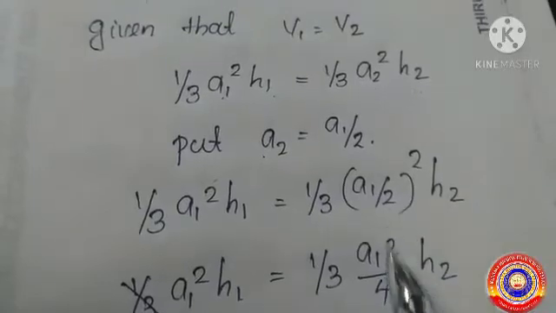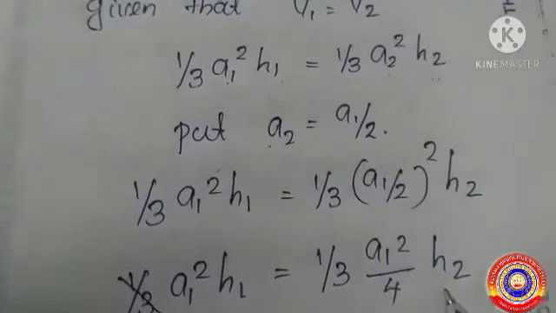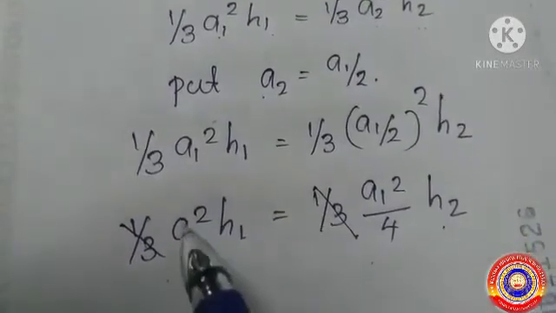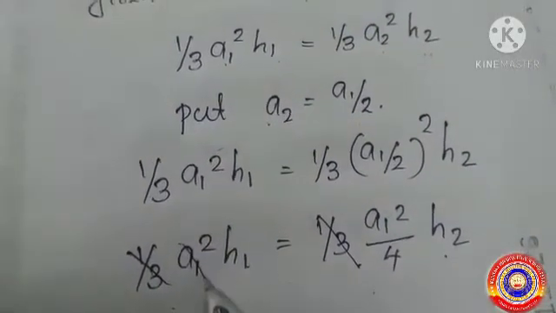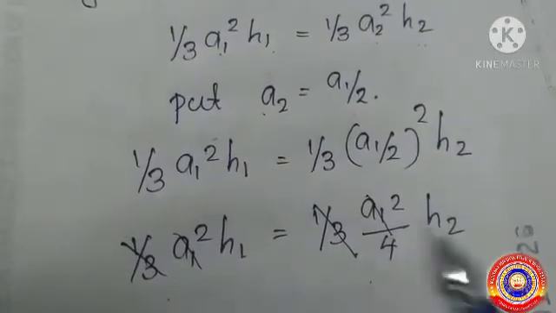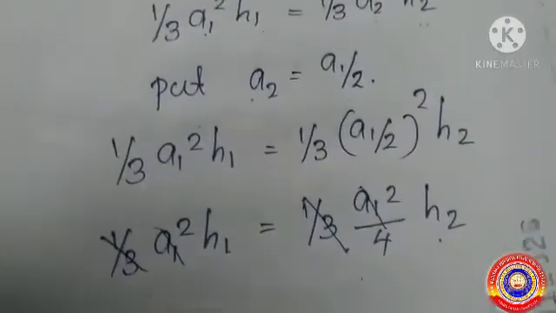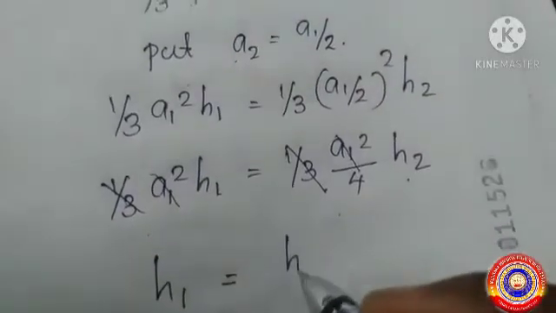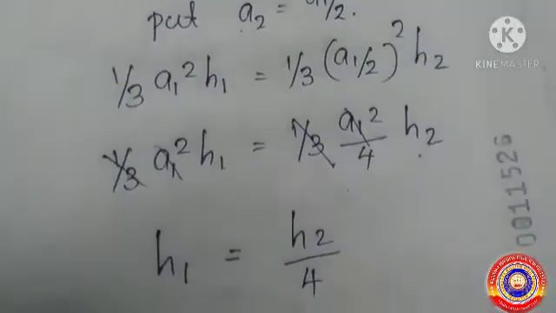So 1 by 3 A1 square H1 equal to 1 by 3 A1 square by 4 H2. We can cancel 1 by 3 and A1 square from both sides. Then H1 equals H2 by 4.